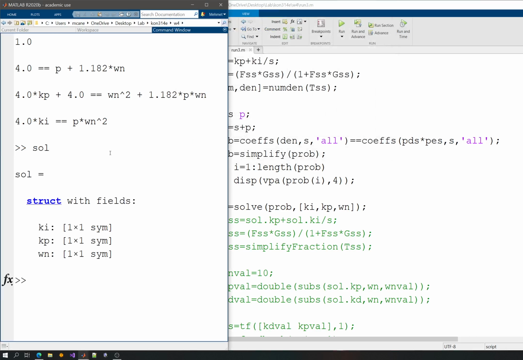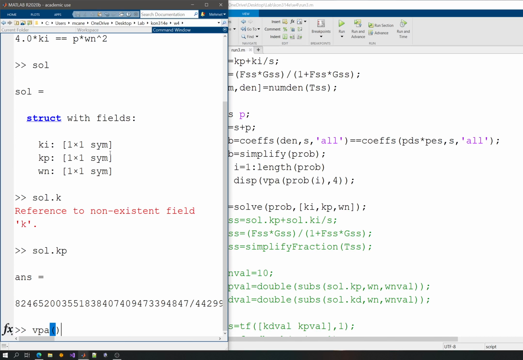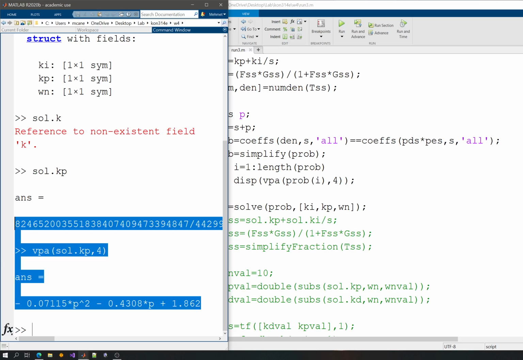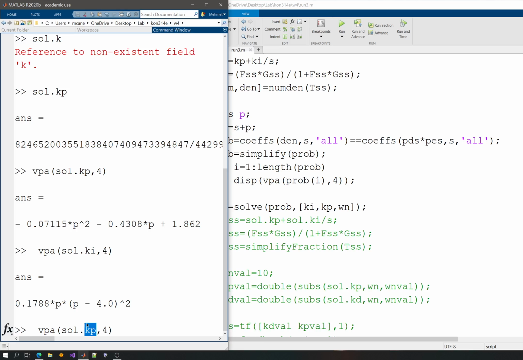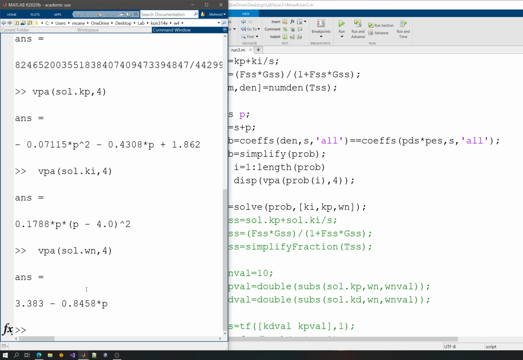And if I look at the solution, I can see I have a solution, and if I say sol.kp, I will have something like this, which isn't readable at the moment, but if I use VPA and do this, I can see that I can calculate the Kp parameter if I plug in a value for P. It is also possible to look for the other ones, Ki and even omega n, and I can see that everything is in terms of P. Maybe I should plug in P greater than 4 or P can be equal to 4, then this will be 0.